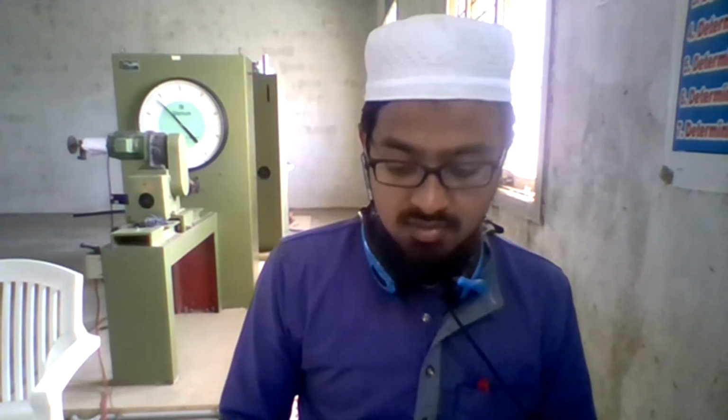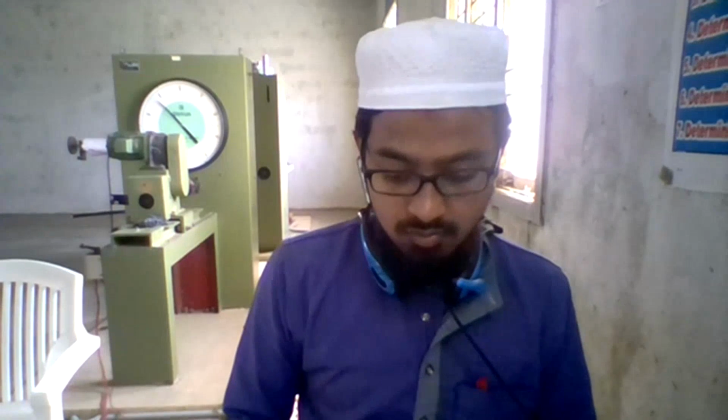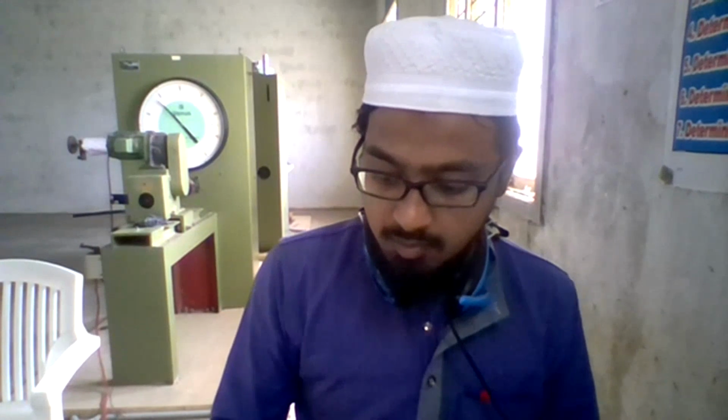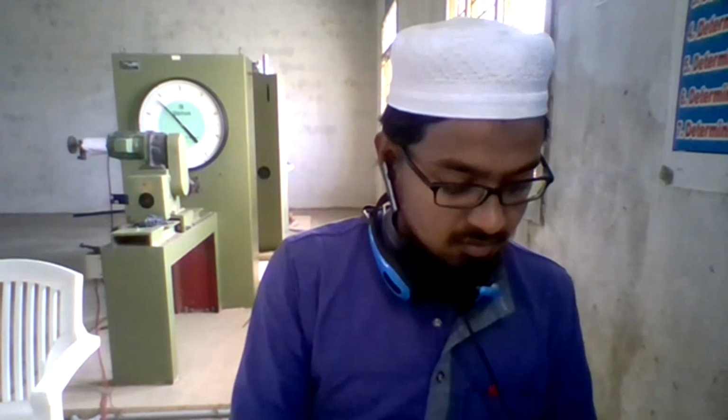Okay, I'm writing here. So M is equal to what? M is equal to 280 by 3 sigma CBC. This is the formula for modular ratio.